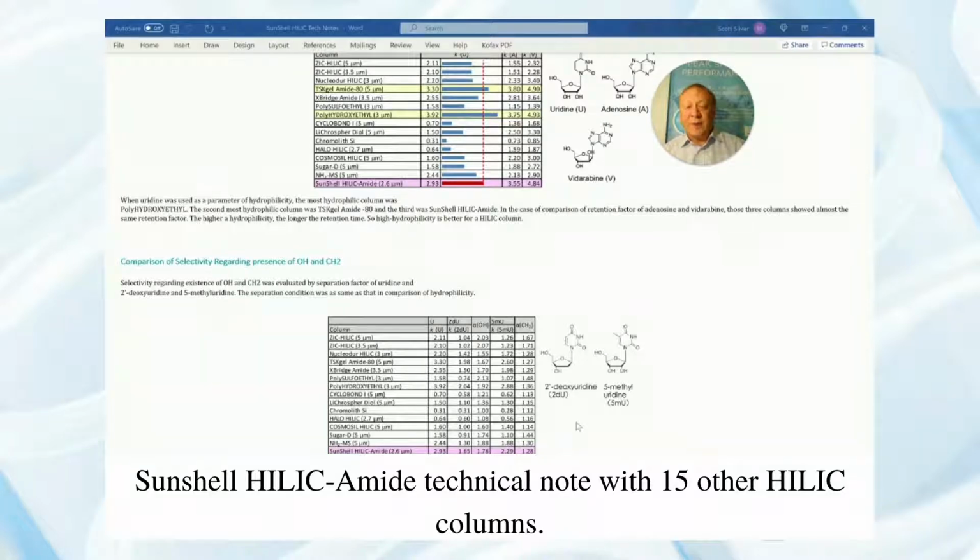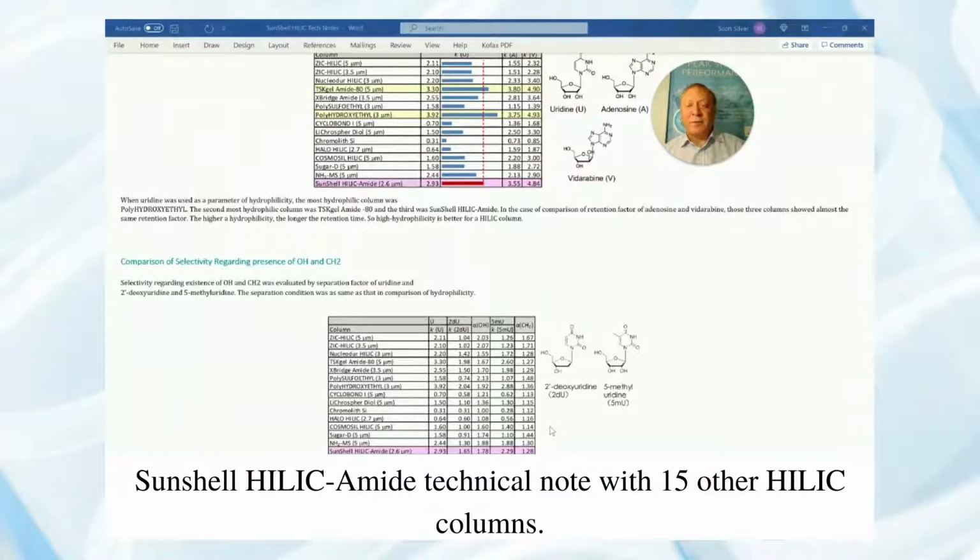Some observations include that selectivity is much more dependent upon the stationary phase. In the case of the Zwitter ion phase, like the ZIC-HILIC columns, as well as the Nucleodur columns at the top, they showed good selectivity with the presence of OH and CH2, while the bare silica phase columns did not show as good selectivity.